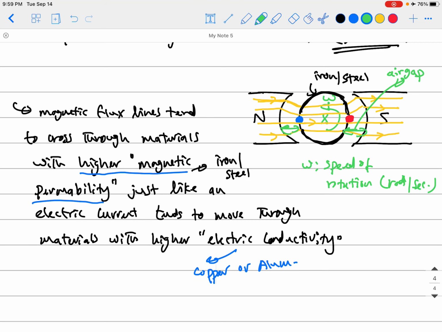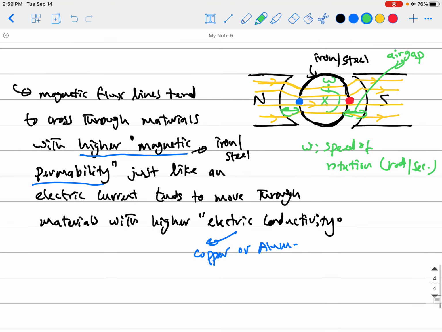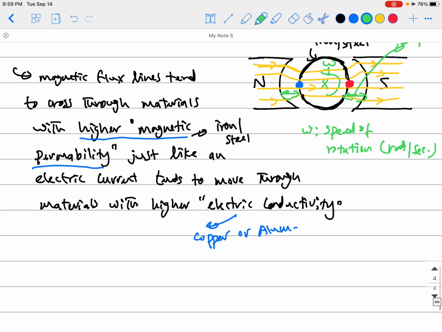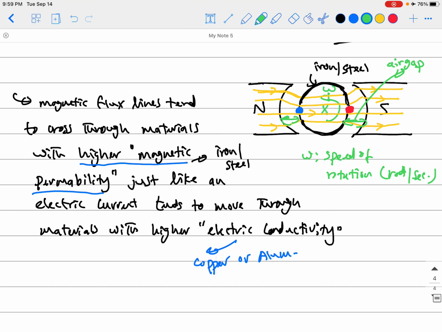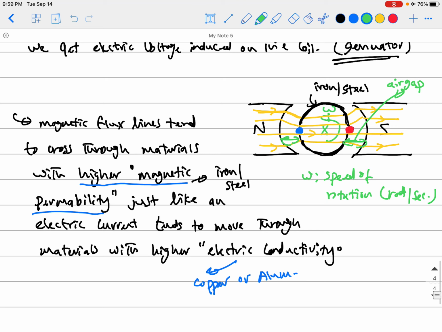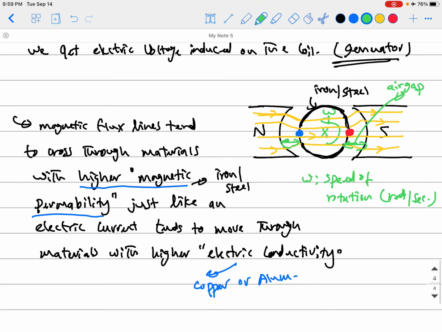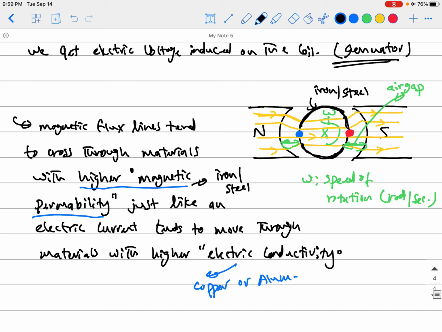The magnetic permeability of iron or steel is on the order of 1,000 times that of air. That means the magnetic field will face much higher resistance in the air than inside the steel.